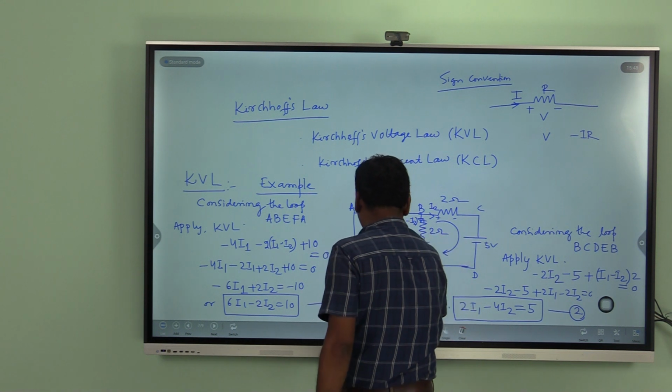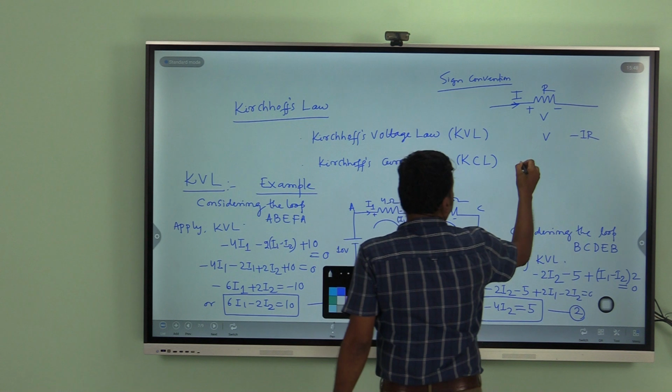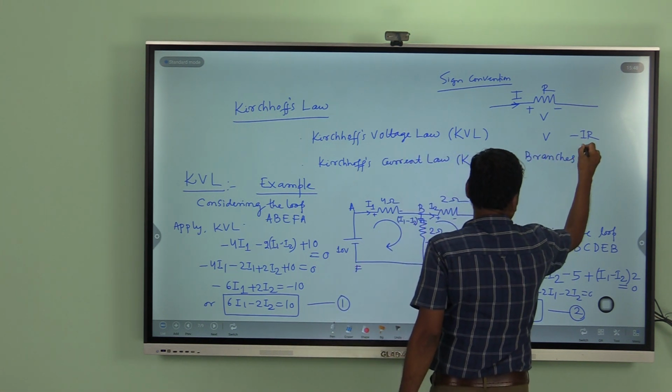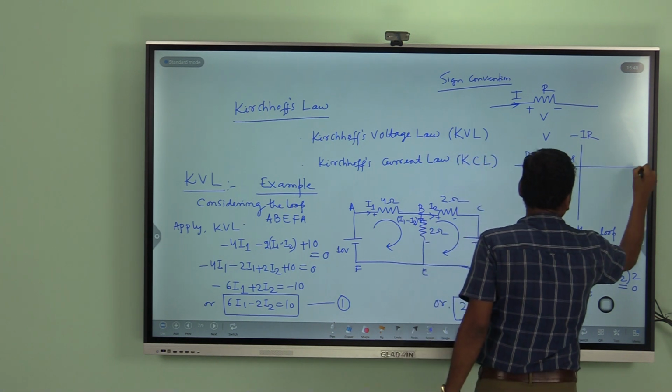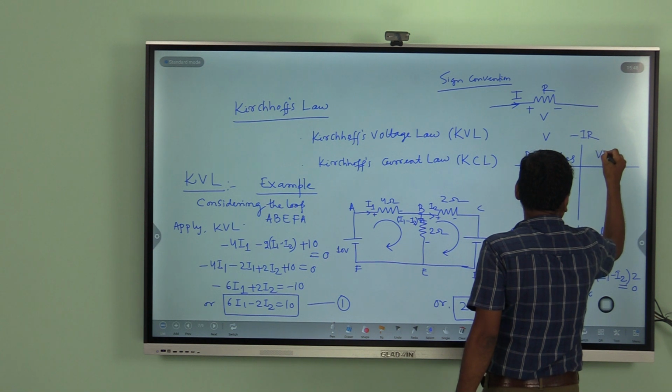First, just make a table: branches, current, voltage.